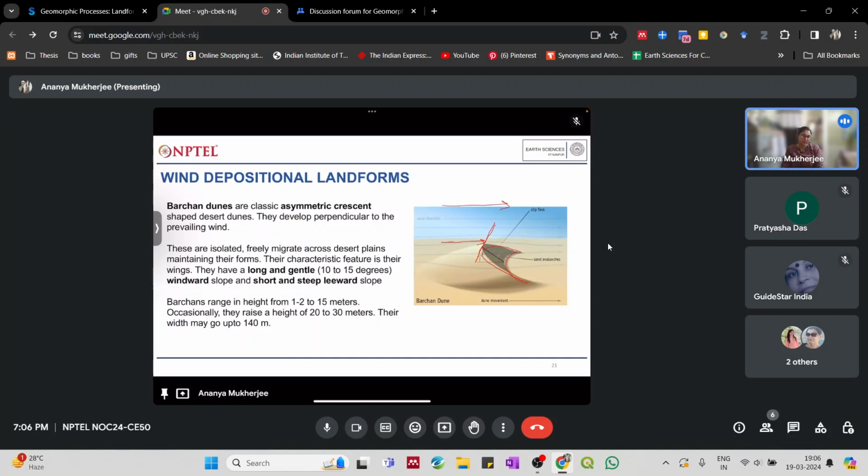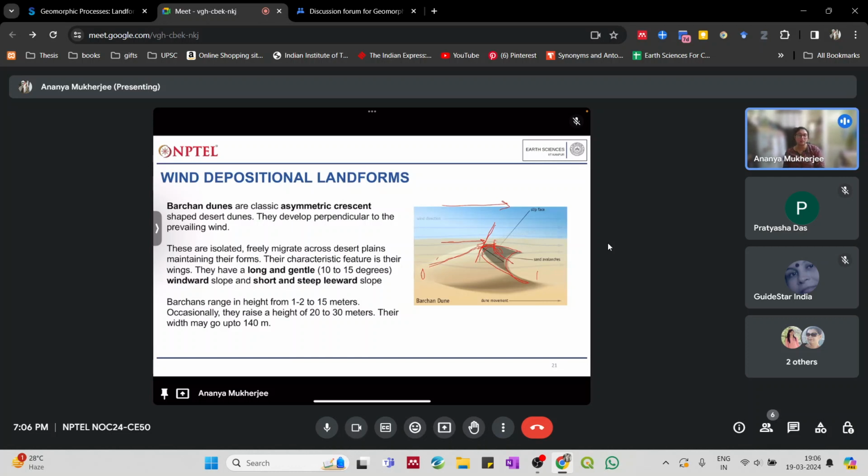These are obviously isolated and they can freely migrate from this point to another. If the speed of the wind changes, this sand will get eroded and then deposited over here, and the crest changes from here to here. Okay, so this can happen.